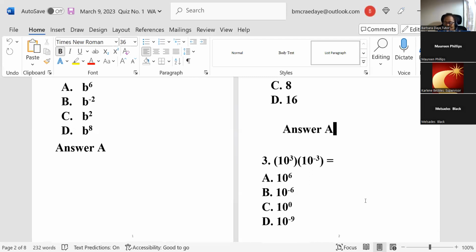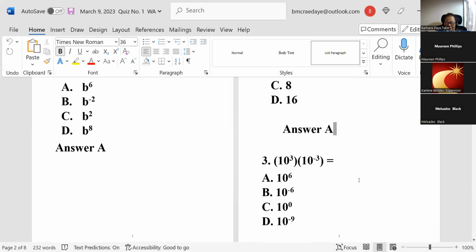What are your sign rules? This is a sign here. This is not a subtract. You're getting signs mixed up with operations.